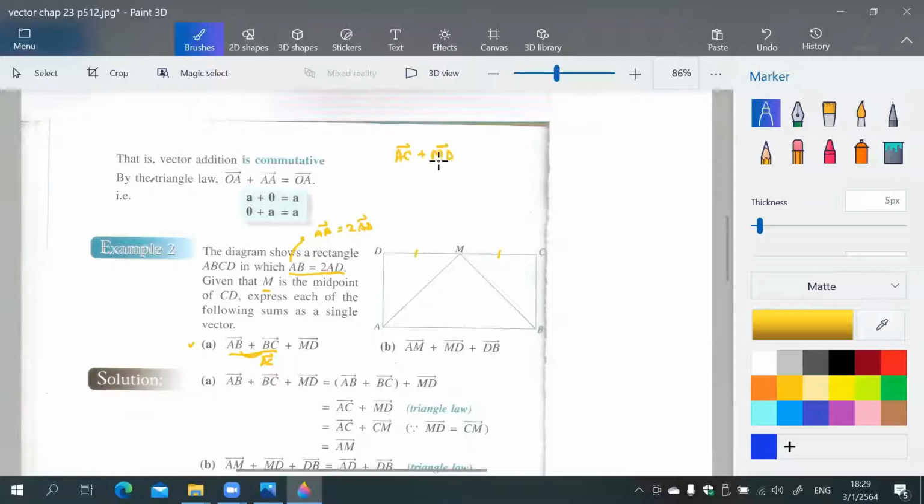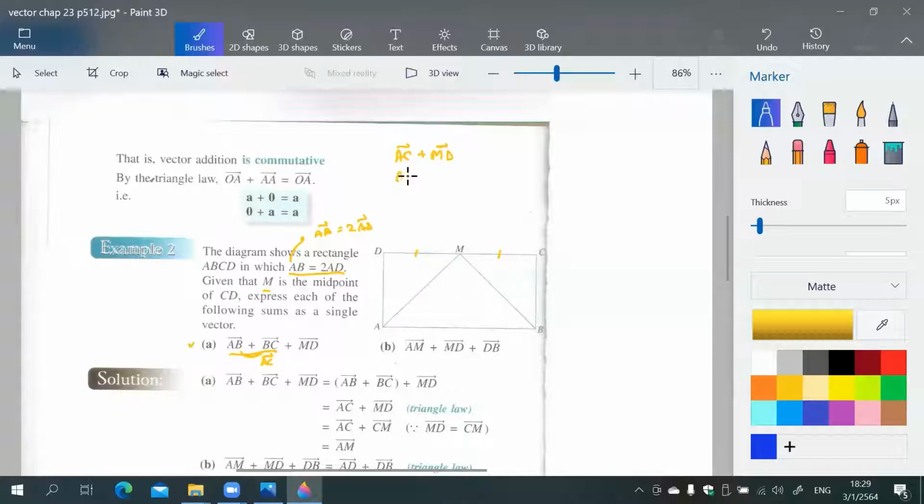So MD, but we know MD equals CM, because M is the midpoint of CD, so vector CM equals vector MD.